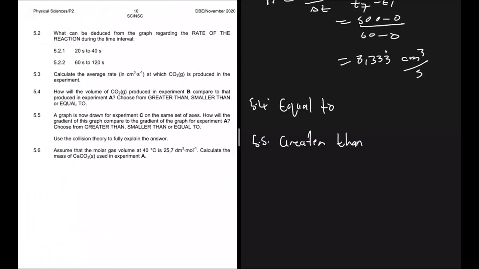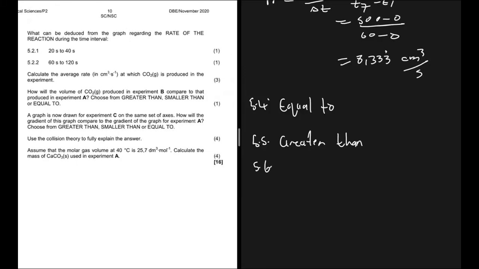And then now we can move to 5.6, which says, assume that the molar gas volume at 40 degrees Celsius is 25.7 decimeter cube per mole. Calculate the mass of CaCO3 used in experiment 1. So the information we have is information about CO2, right?